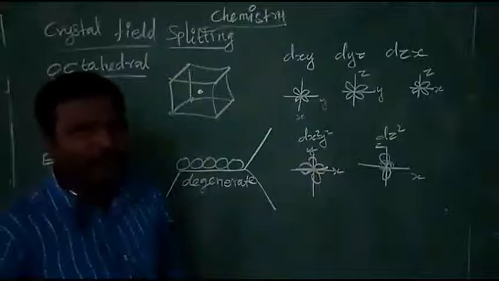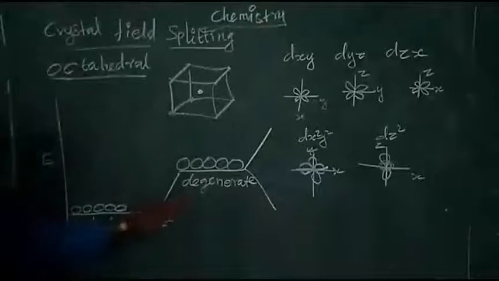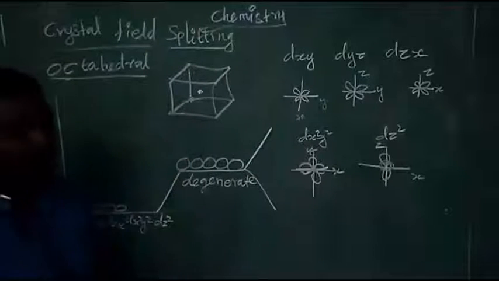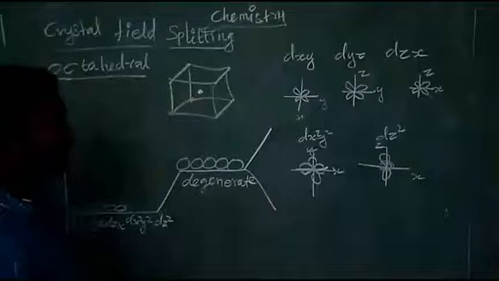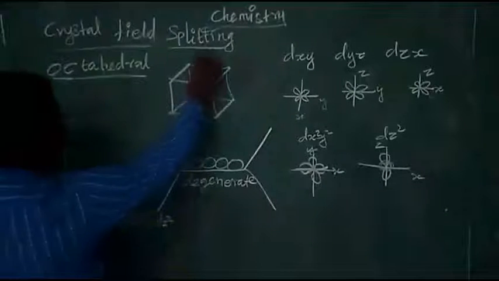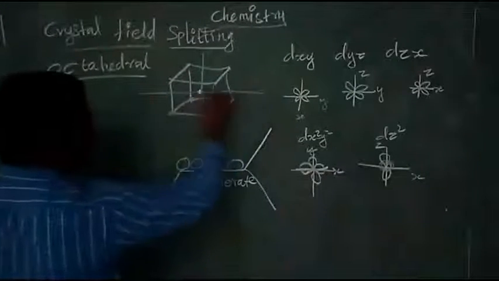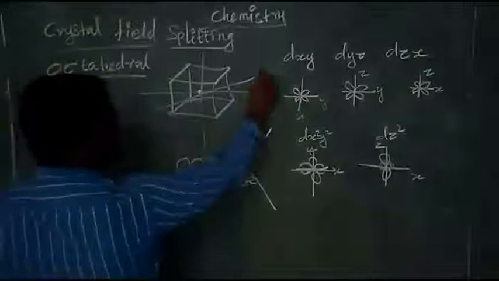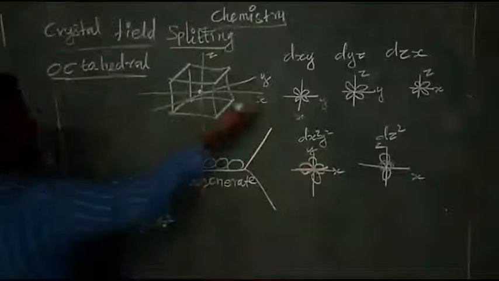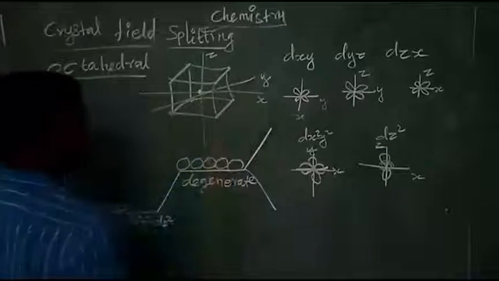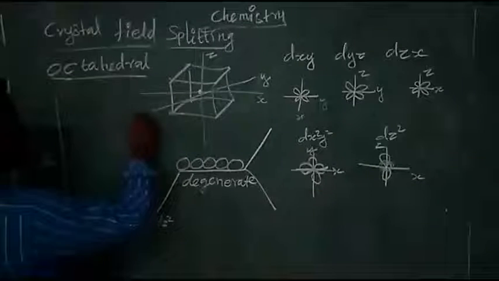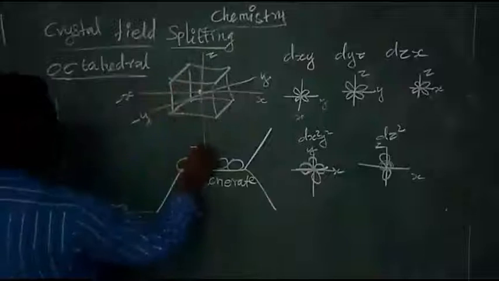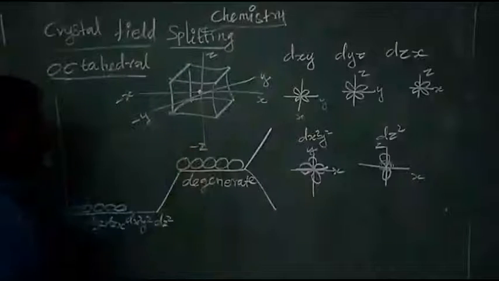Are you able to follow me? How do they become degenerated orbitals? Because of the approaching of ligands in the octahedral field. Remember we have all three axes, x, y, z. One side positive x, positive y, positive z, the other side negative x, negative y, negative z.